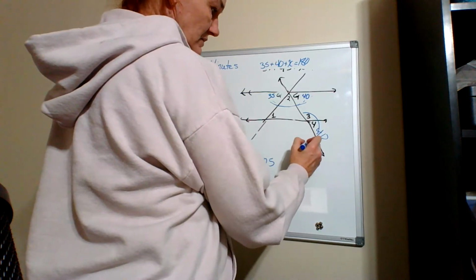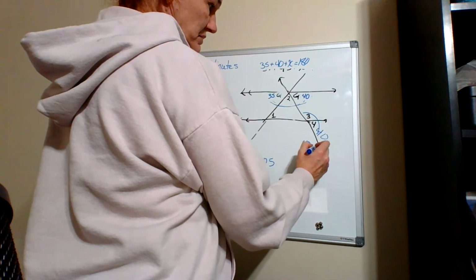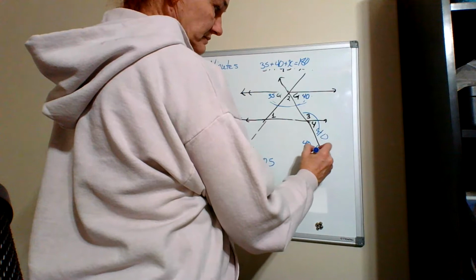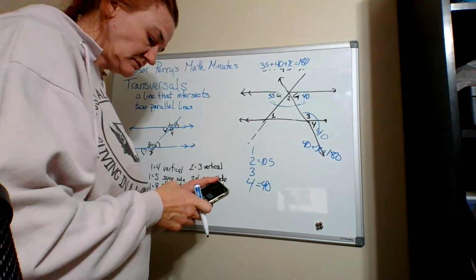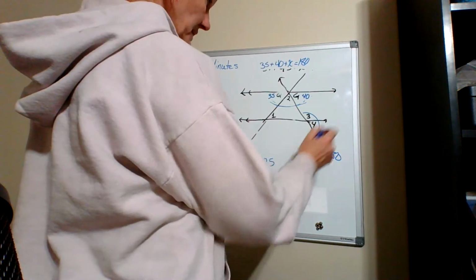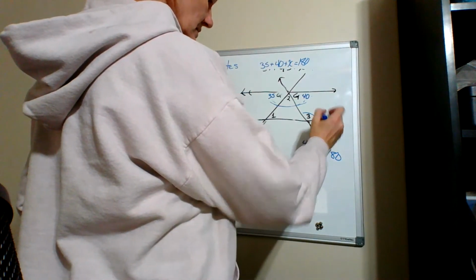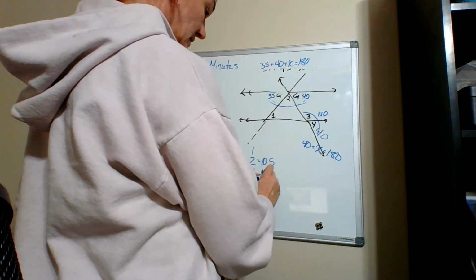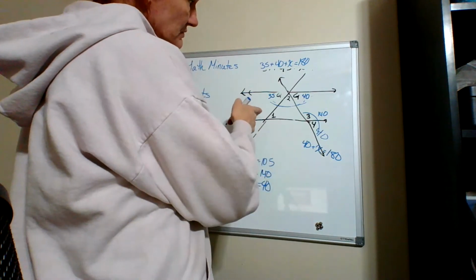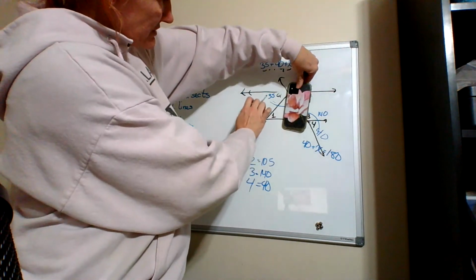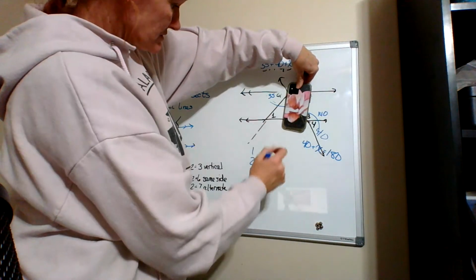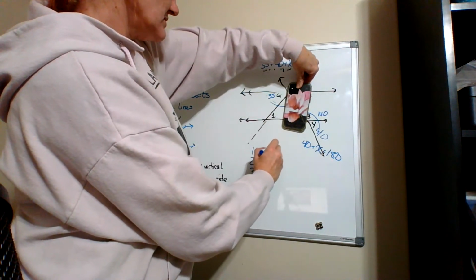So you're going to have 40 plus something equals 180 to get that one. So that's 140, right? Now I want this 1 over here. If I look at this side, here we go. Those two are going to be equal, so my 1 is going to be equal to 35.